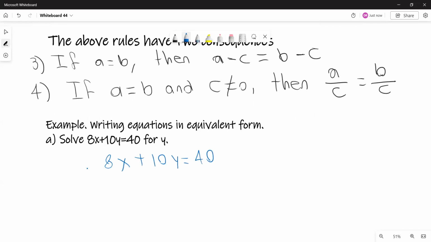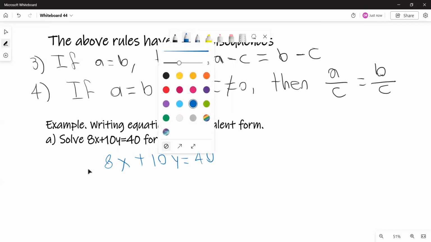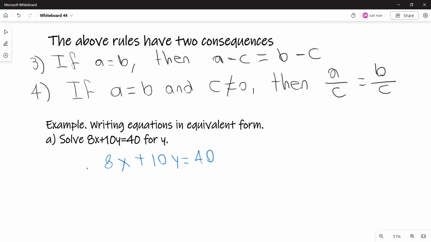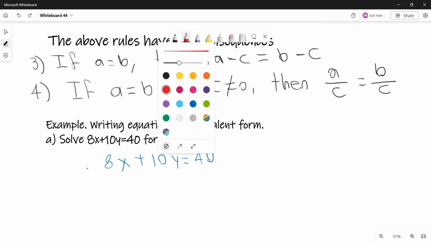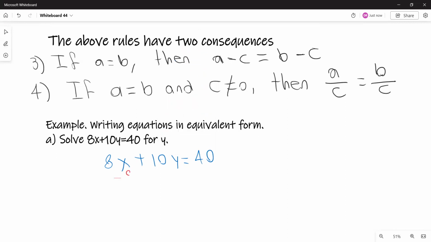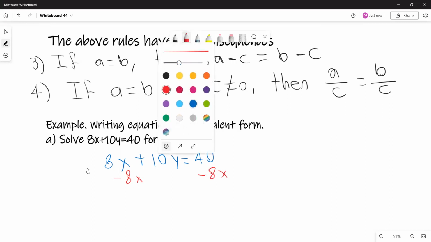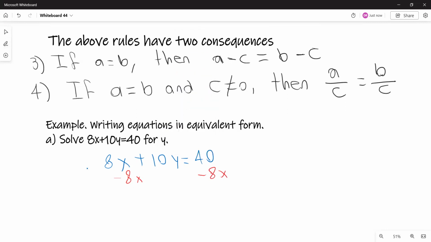If we're going to isolate y, we are going to isolate first the expression containing y. We can subtract 8x from both sides. And then divide both sides by 10.